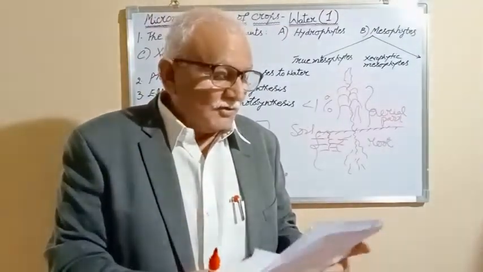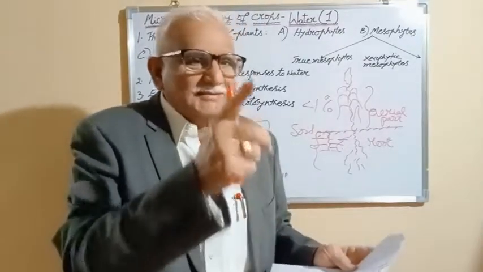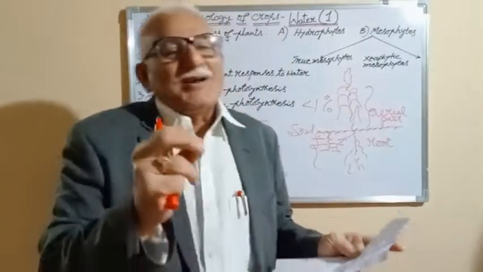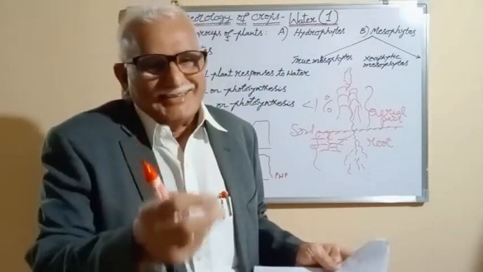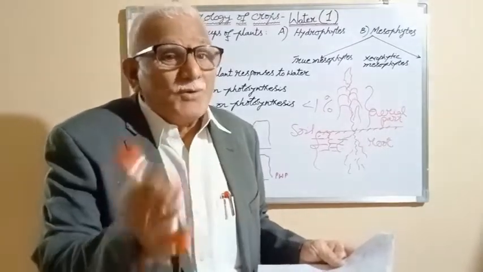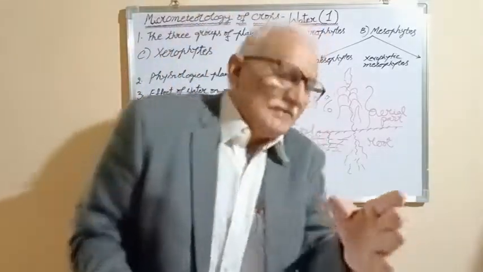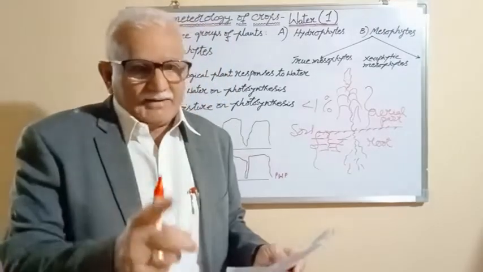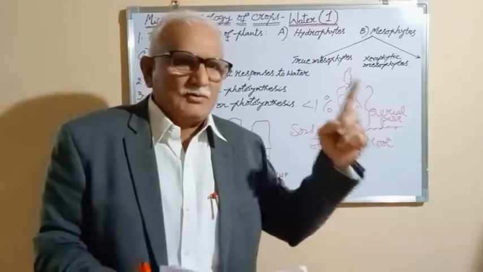Please write: photosynthesis slightly reduces at high soil moisture content, more than required soil moisture content. Photosynthesis is also reduced under more than required soil moisture conditions. What is the application of this I will tell. Then I will explain to you a small diagram. So what is the application? Please write. This is very interesting for our first class of water, micrometeorology of water.